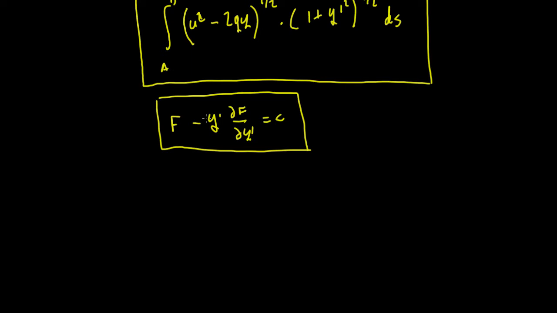So the function can be written as, I'll simplify this out a bit so it won't look quite as bad, u squared minus 2gy to the power of a half times 1 plus y derivative squared to the power of a half, that's the f part, minus y derivative times, well, it's partial f by partial y derivative.